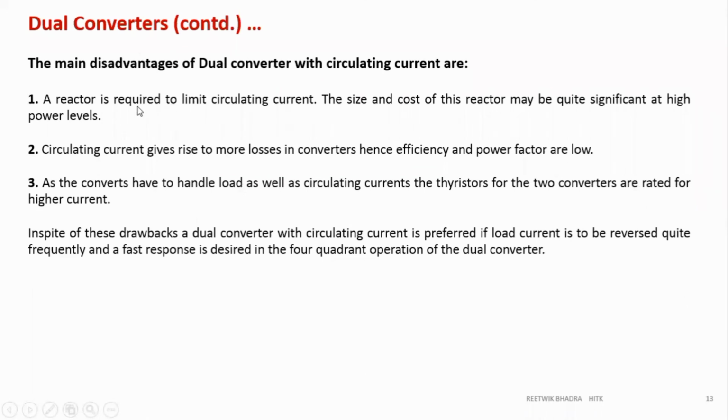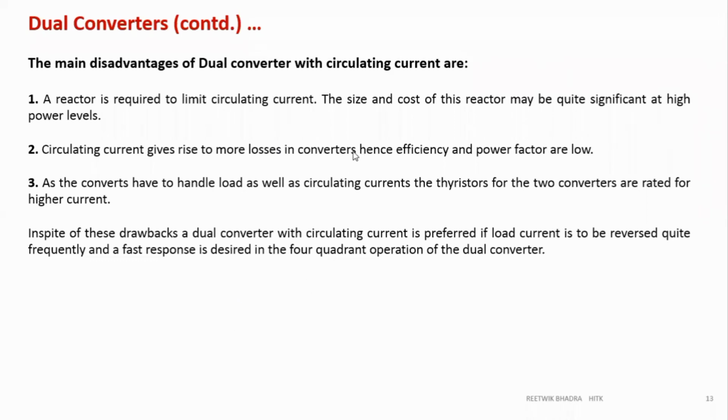And let us look at some of the disadvantages also. Because you have to limit such a high current, you need a high value of reactor. A large value of reactor is used to limit that circulating current.